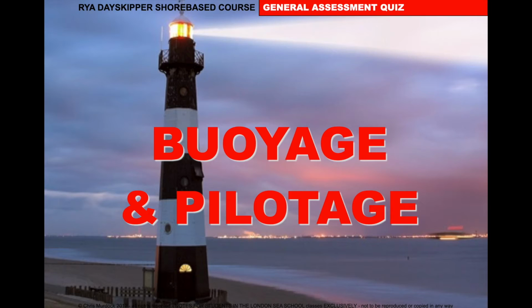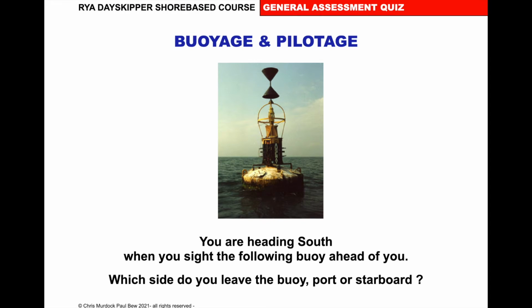Buoyage and pilotage. You're heading south when you sight the following buoy ahead of you. Which side do you leave the buoy, port or starboard? It's quite easy to learn this, but we learn it on a north-up situation. If you go further on and do exams with the MCA or an examiner, they love reorientating the chart.